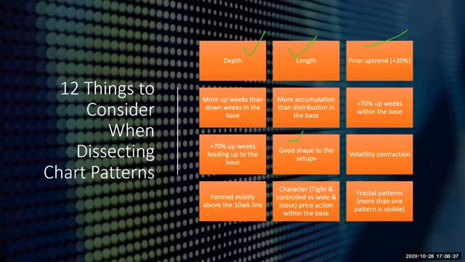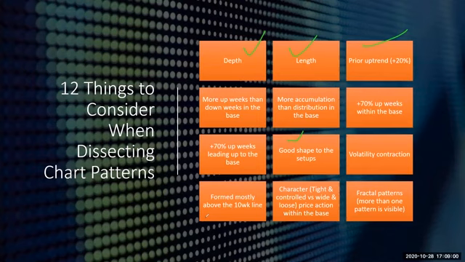We want it to be formed mostly above the 10-week line. The 10-week line is an important line in the sand for institutional investors. And so you'll often see many trends, many stocks get support on or around the 10-week line.